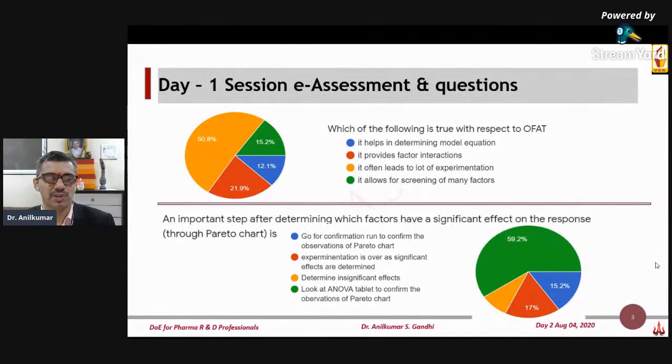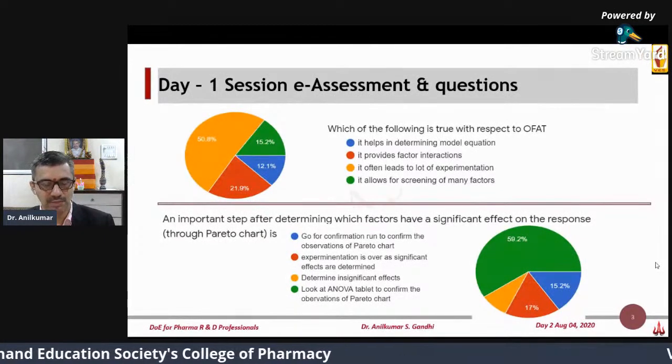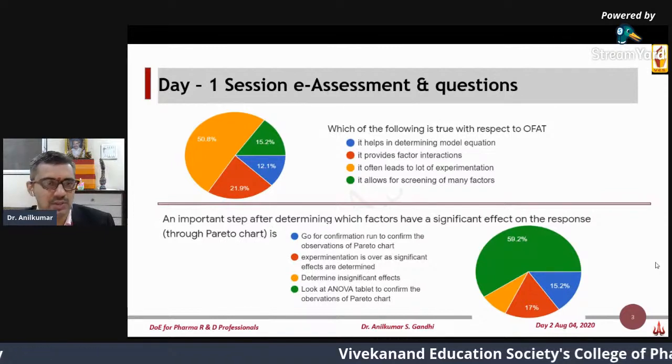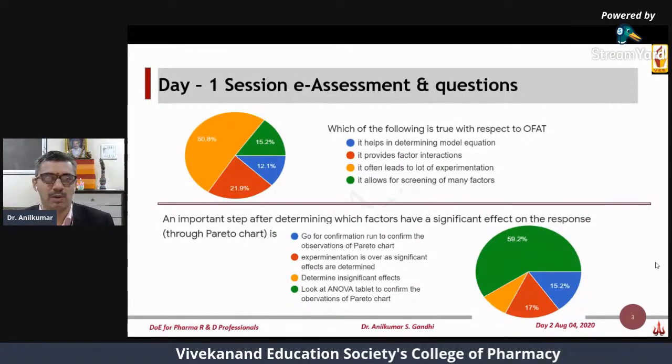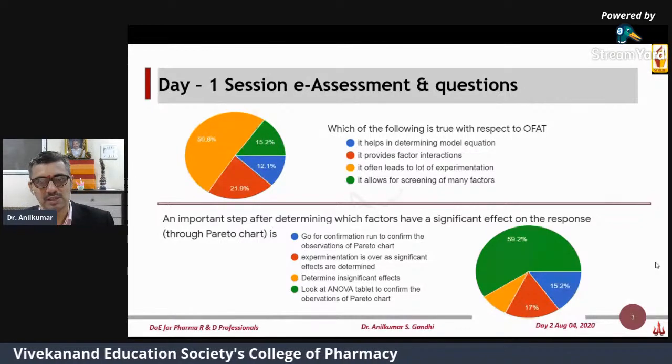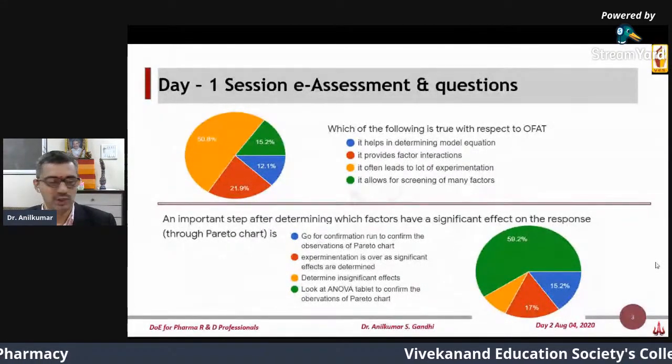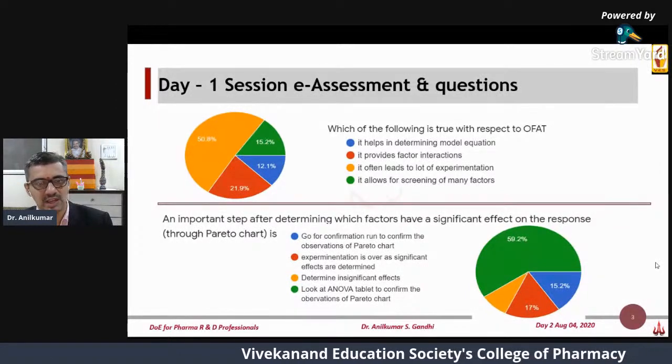The first question that I picked up was, which of the following is true with respect to OFAT, that's one factor at a time? I had given 4 options. What I saw here is 50% of students answered that it often leads to a lot of experimentation, which is perfectly fine. Yes, that is the answer.